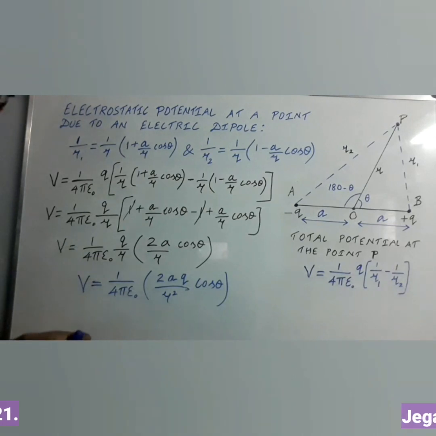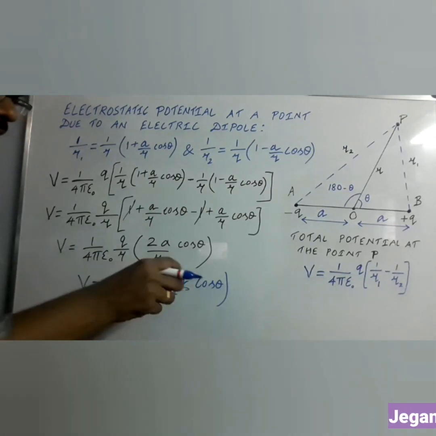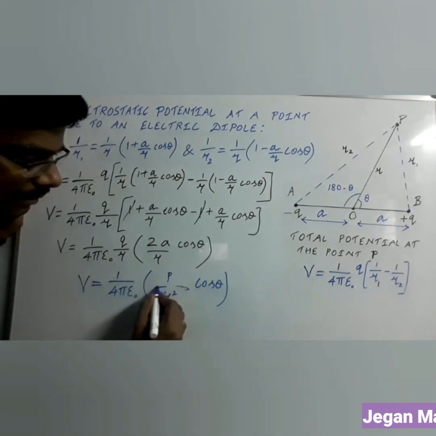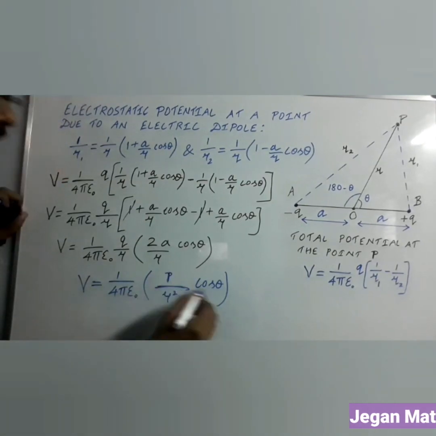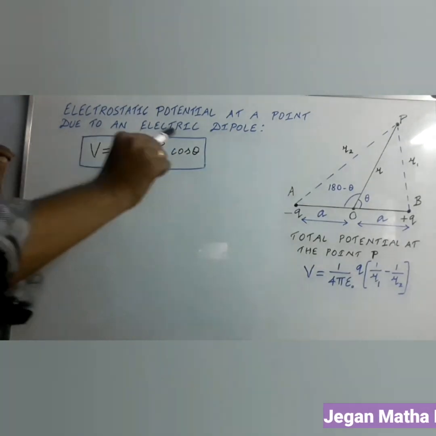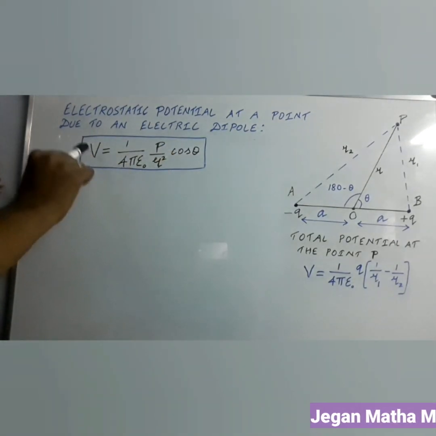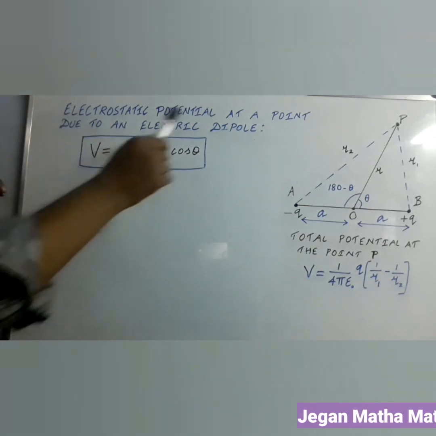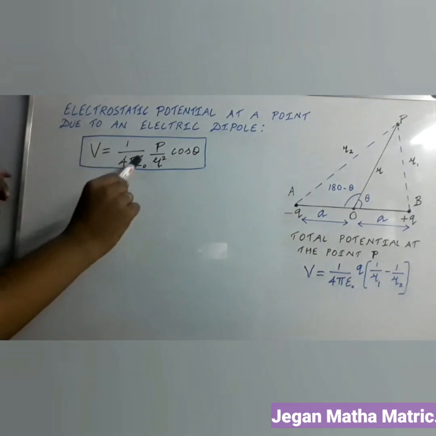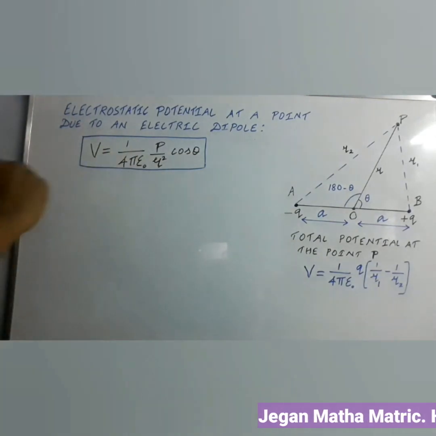What is the letter for dipole moment? P. So instead of 2aq, I can write that as P by r square into cos theta. This is the general expression for the total electrostatic potential at a point P due to an electric dipole. So V is equal to 1 by 4 pi epsilon naught P by r square into cos theta.